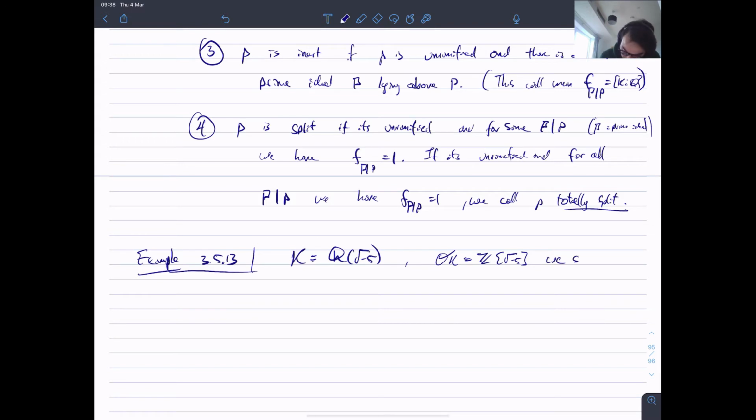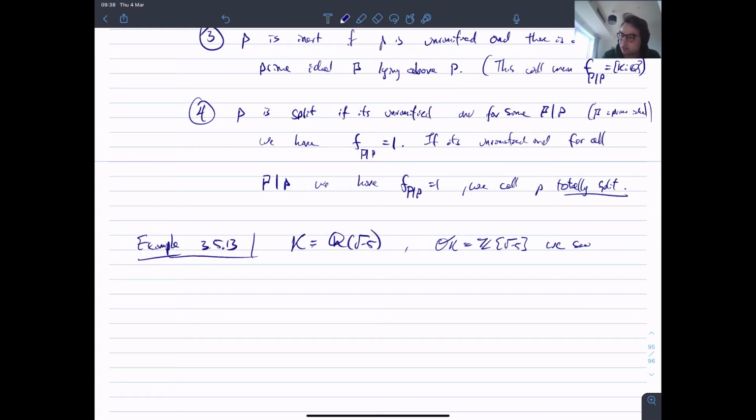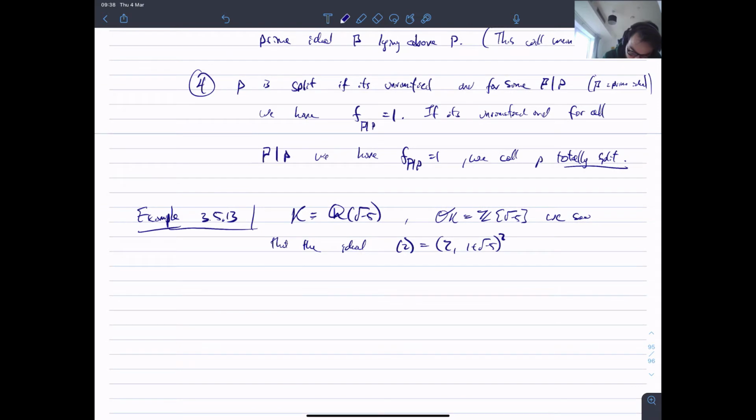So let me just give you an example of this terminology, and I'll do some more interesting examples. We've already factored some ideals in this ring. So we saw that the ideal generated by 2 in this ring was (2, 1+√-5) squared, where the ideal generated by 2 and 1+√-5 is a prime ideal.